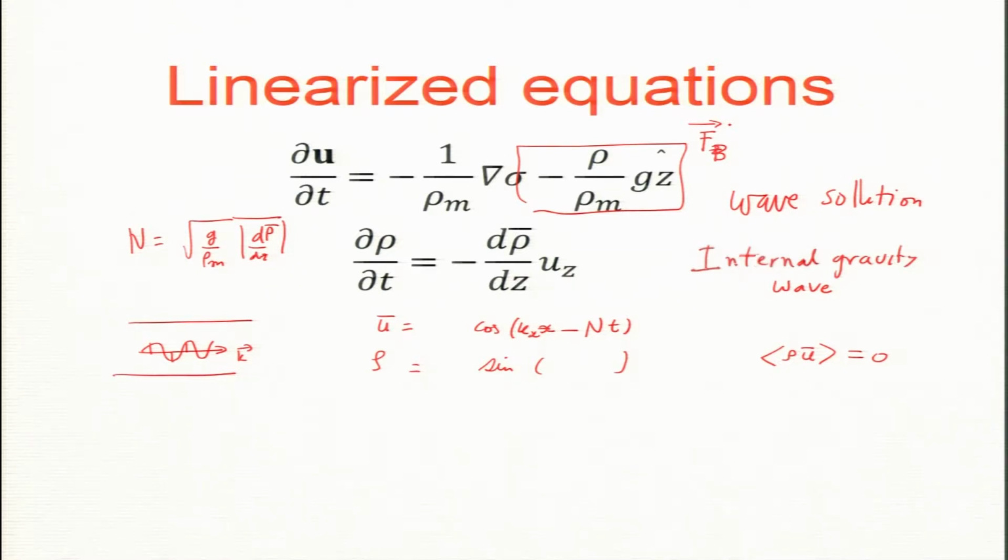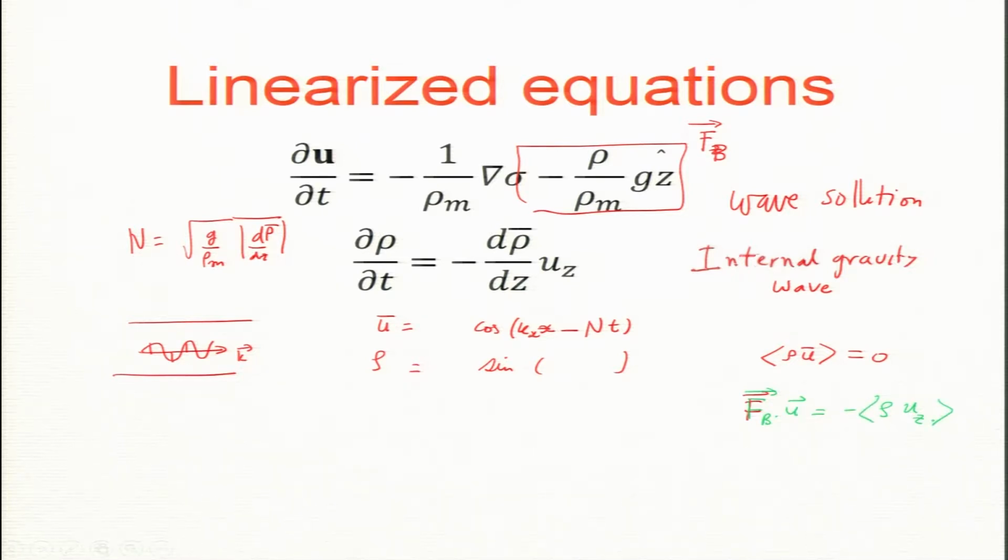So, Fb dot u, what is it? Fb dot u is the force supply rate by buoyancy, that is, apart from a constant, minus rho u z. If I take the average, it will be that.